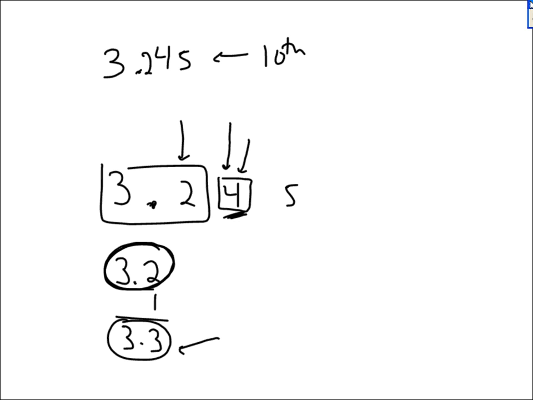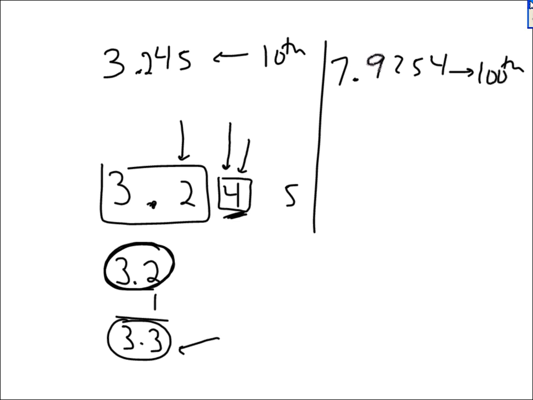If you were asked to round off this number, 7.9254, to the 100th position. Well, first you need to decide where the 100th position is. That's the 10th, that's the 100th. Notice I started to the right of the decimal.